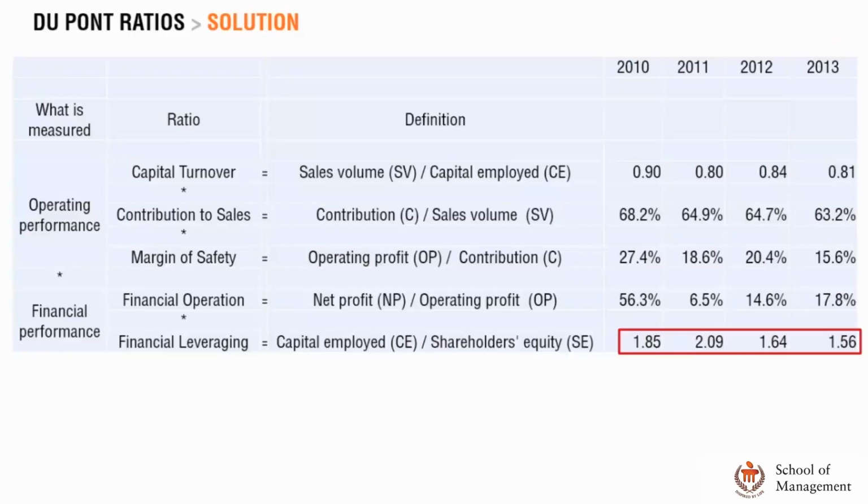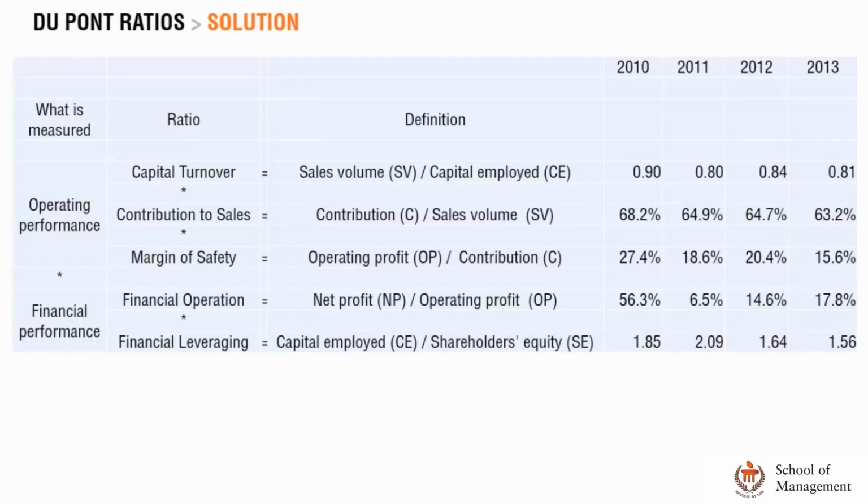Thereafter, the debt has been paid back and therefore the debt equity mix has been more favorable for equity and less for debt. And therefore, the capital employed as a ratio of shareholders' equity has come down to 1.64 and further to 1.56 by the end of 2013.